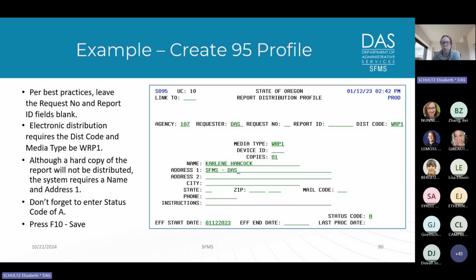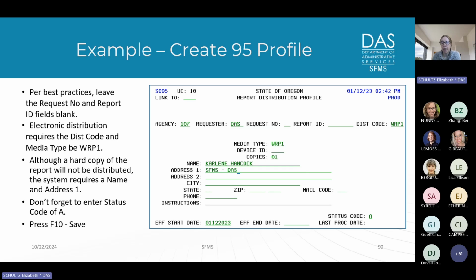The agency is going to be 107. We're going to have that standard requester of DAS just to have that default. This is a DAS requested report. We're going to leave request number and report ID blank because this is a default 95 profile. Any request number, any report will use this 95 profile for this agency and this requester.